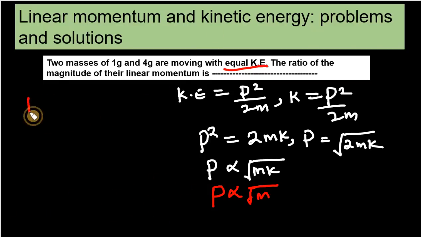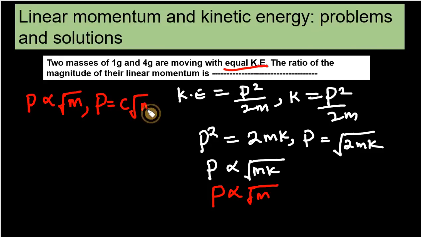If P varies as root m, where P is the linear momentum and m is the mass, and we remove the proportionality sign, we can introduce a constant. Let the constant be c, so that it will be different from this K, which is kinetic energy that we have used here. So P equals c root m.